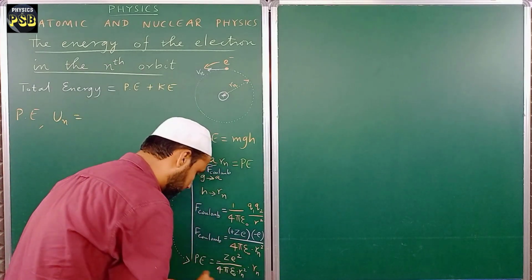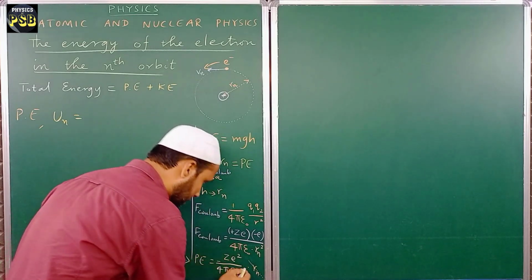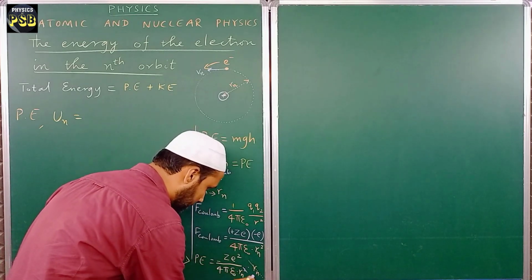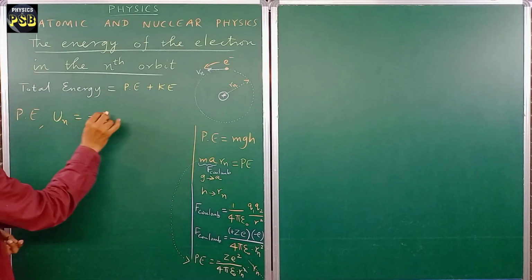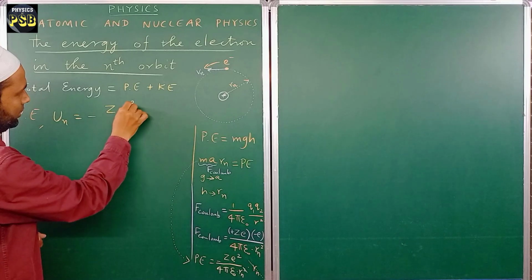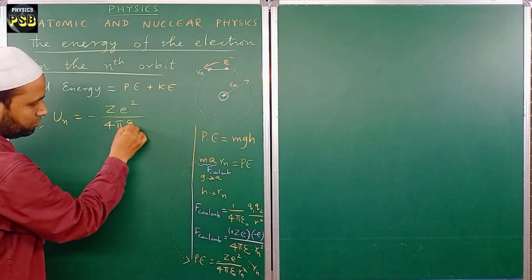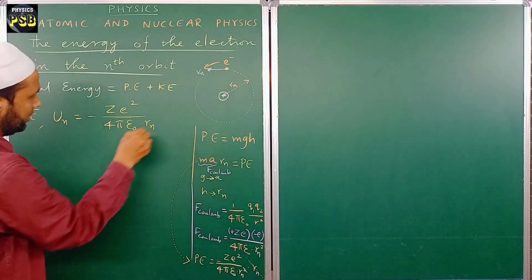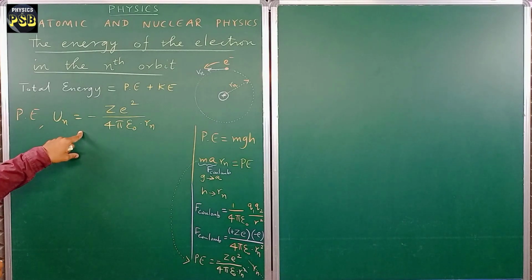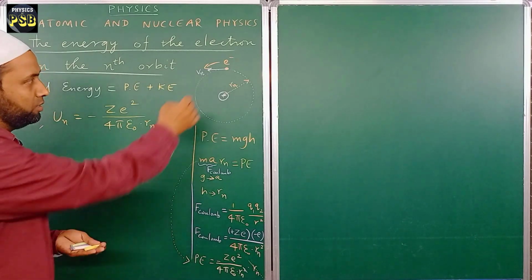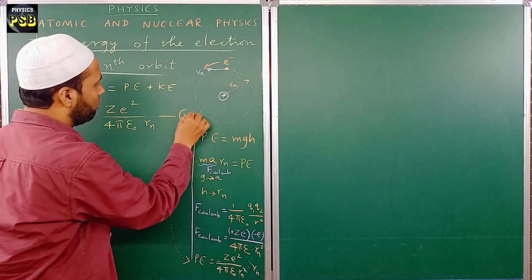If I do so, this Rn and this get cancelled, and what remains is nothing but minus Ze square upon 4 pi epsilon naught Rn. This is the expression for potential energy possessed by the electron revolving around the nucleus. I take this as equation number 1.